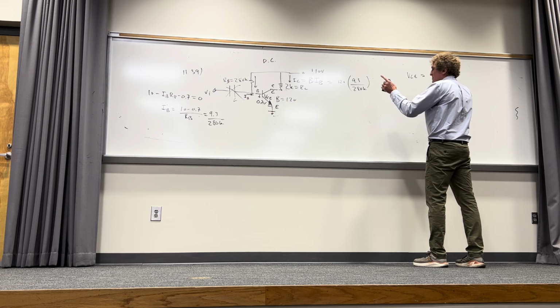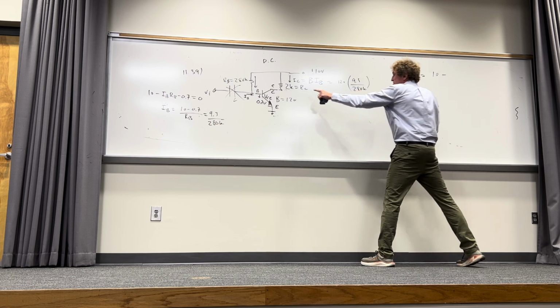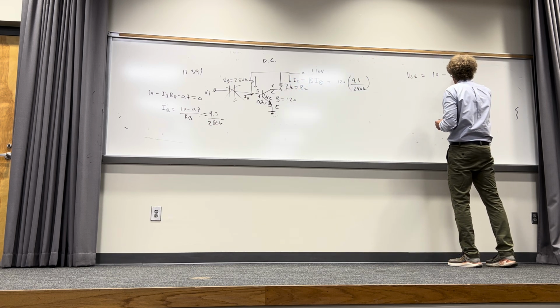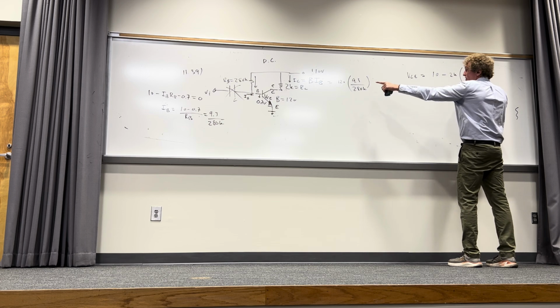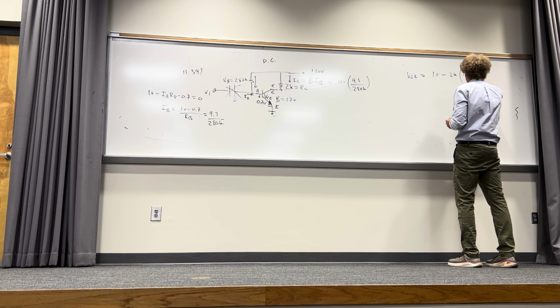So this is going to be equal to 10 volts minus the voltage drop here, which is going to be 2K times this current, which is 120 times 9.3 divided by 280K.